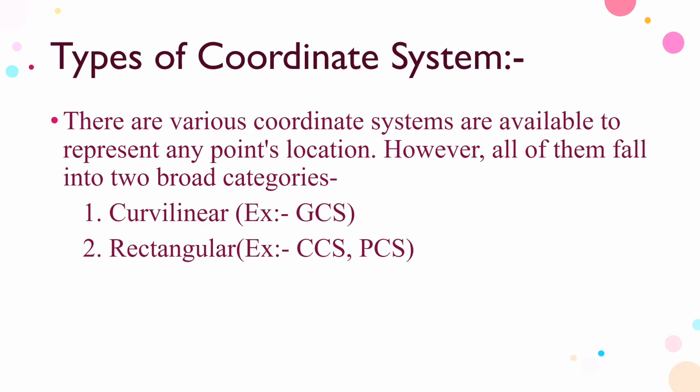Now, types of coordinate systems. There are various types of coordinate systems available to represent the location point, but all of them fall into some broad categories. There are two broad categories: number one is curvilinear and number two is rectangular.